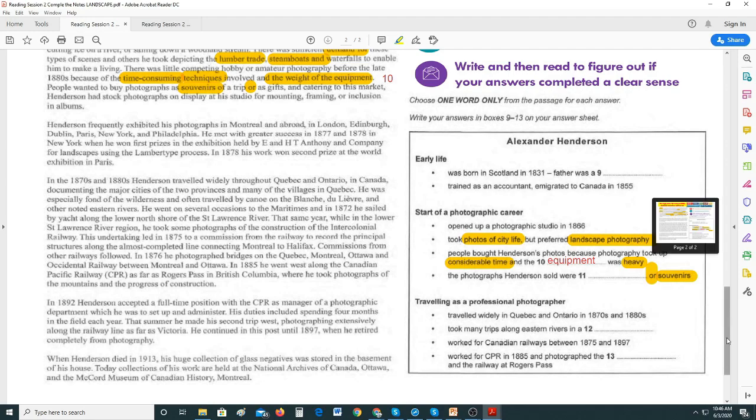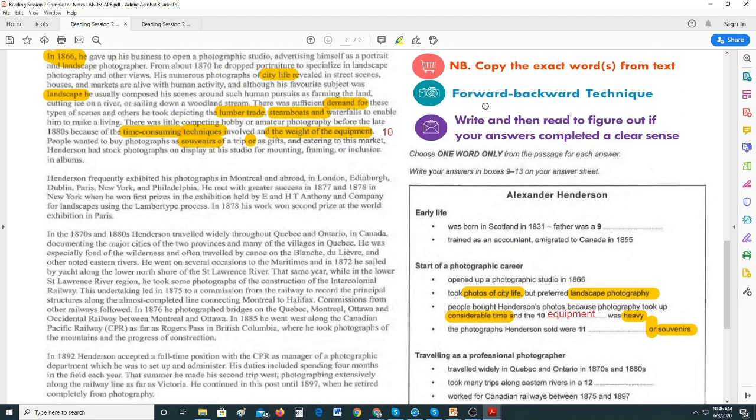Now I told you a technique called backward and forward technique, which is in the question paper there can be a blank before or after or, but answers may not be according to blank or souvenirs or something. See, souvenirs here are before or, but souvenirs here are just after or here.